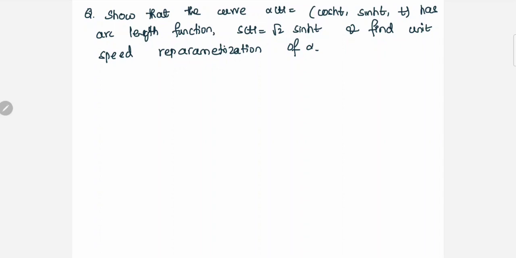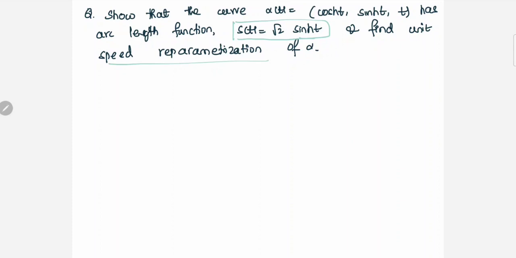So what they asked is that we have to show the arc length function of alpha of t is s of t equal to root 2 sinh t, and using this arc length function we have to find the unit speed reparameterization of alpha of t.